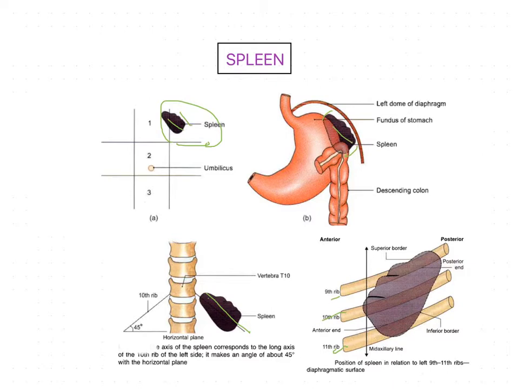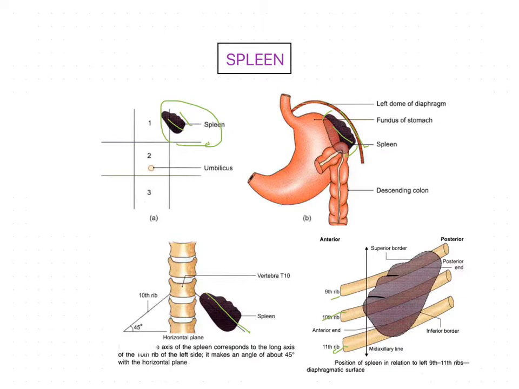It is 2.5 centimeters in thickness, 7.5 centimeters in breadth and 12.5 centimeters in length, and weighs about 7 ounces. This is about the external features of the spleen.